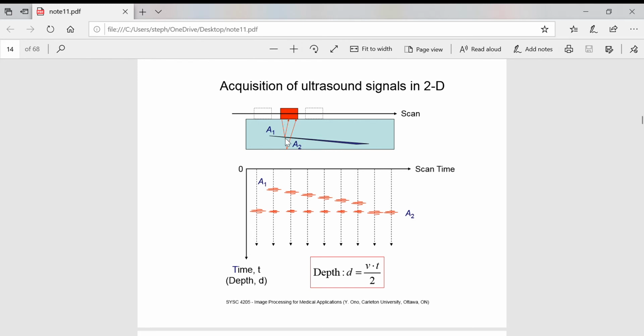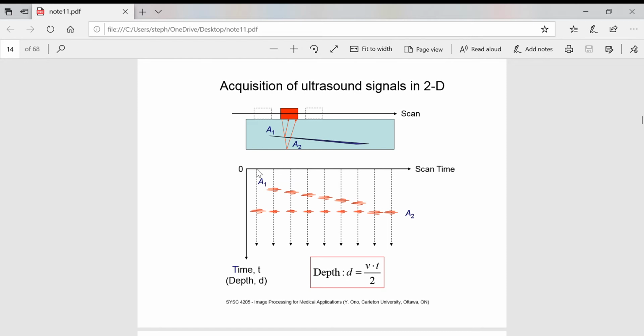Here it sends signals in and it reflects off this point, and it sends signals in and reflects off this point. And it continues to do this at every point in the x direction across this object. So we can see here what the resulting signals would look like.